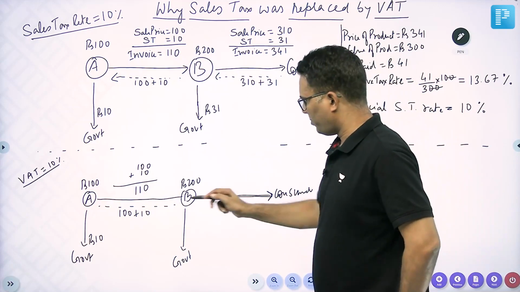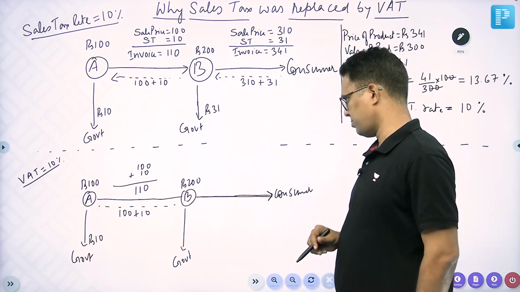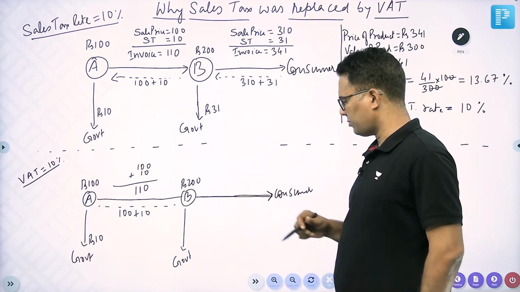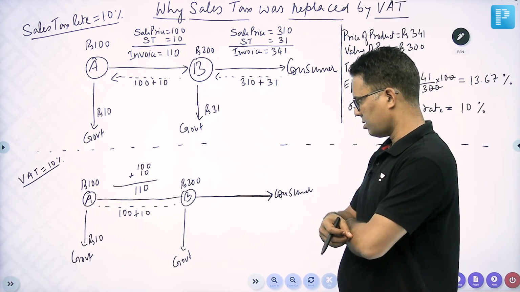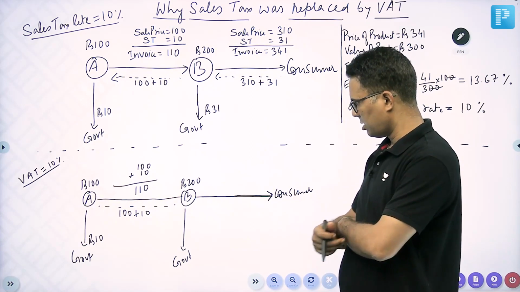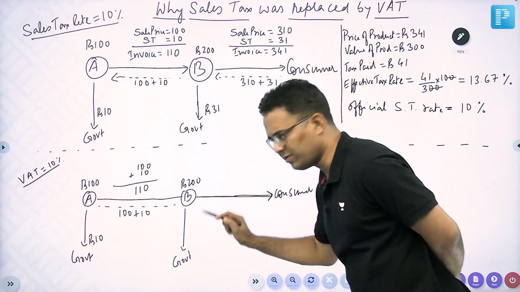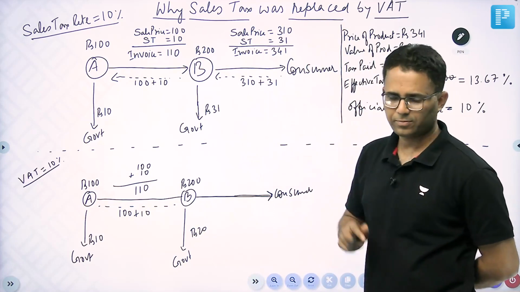See, so B purchased the inputs in 110, B for his work wants 200 rupees. So, B has to effectively pay rupees 20 to the government, right.